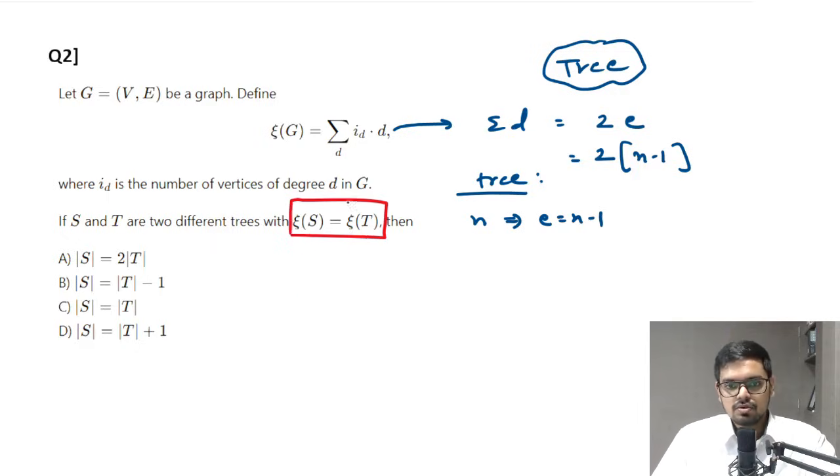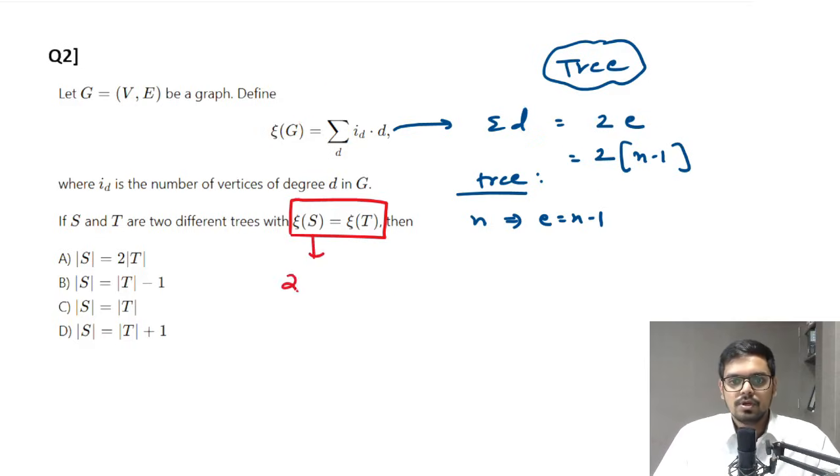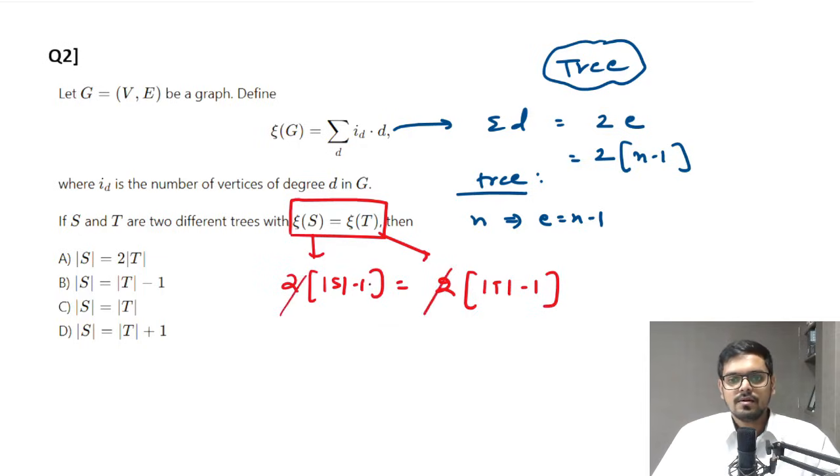If this thing is true, this thing is equal to this thing. So I can say this would be twice (the number of vertices in S, that is mod S, minus 1), and that is equal to twice (the number of vertices in T, that is mod T, minus 1). The 2 gets cancelled, the minus 1 and minus 1 get cancelled, and mod S is equal to mod T. So option C is correct.